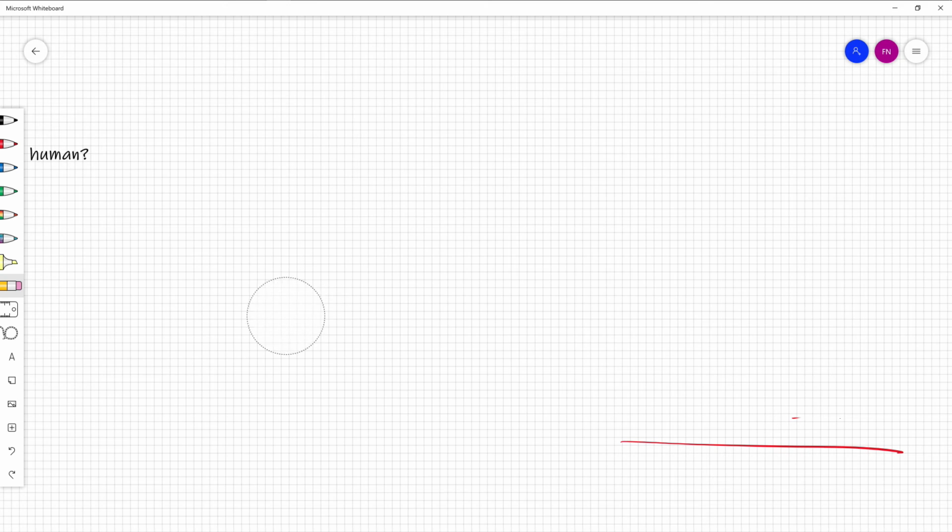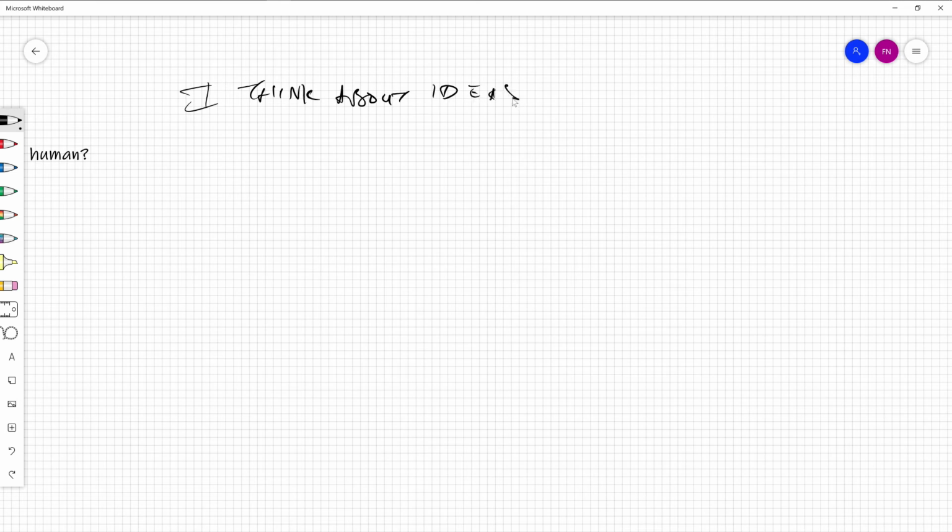And Descartes said, well, obviously, I think about ideas. And when I think about ideas, I realize that there are two types of ideas, finite and limited, and infinite.